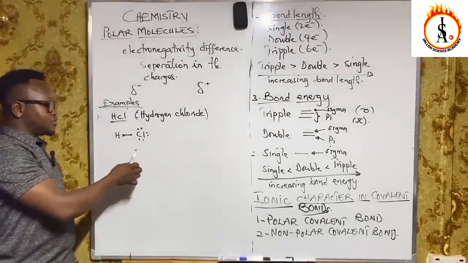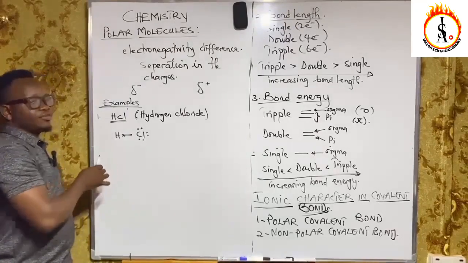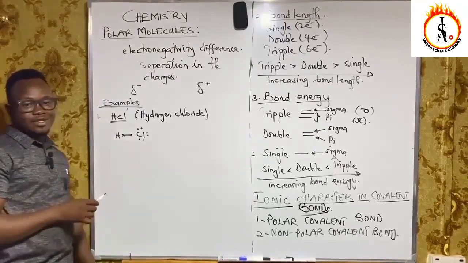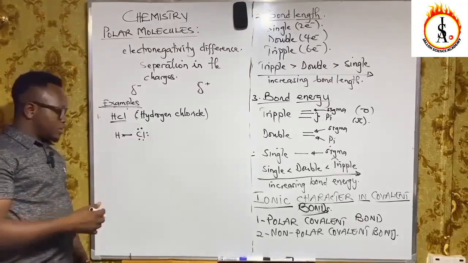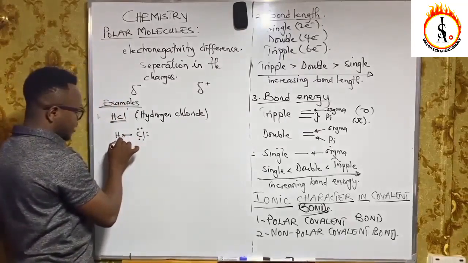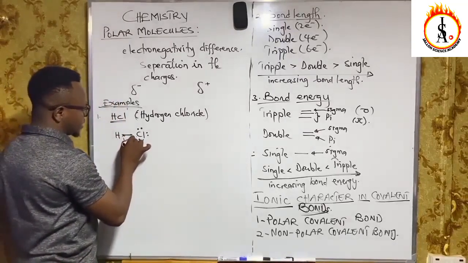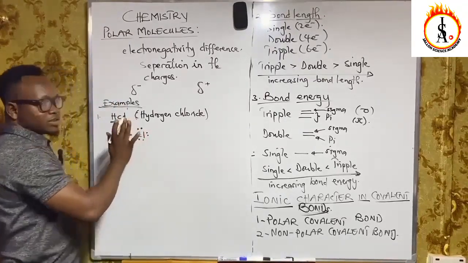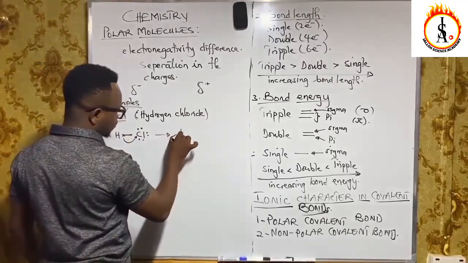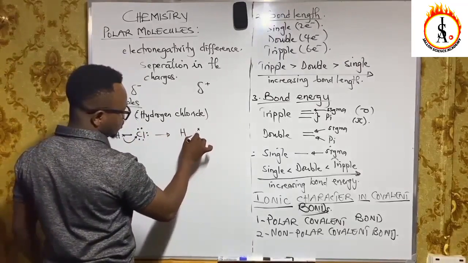The electronegativity difference between chlorine and that of hydrogen is great. Chlorine is more electronegative than hydrogen. And in that regard, this electron here is going to be displaced towards the chlorine. And you have the resulting species to be this.